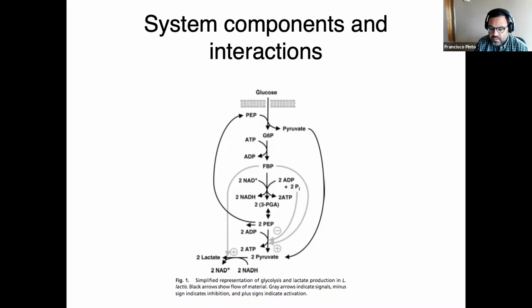This is a bacterium with biotechnological importance in the production of food products, for example. In this particular species, there are regulatory interactions, shown in gray in this figure, that are not so common across different species.